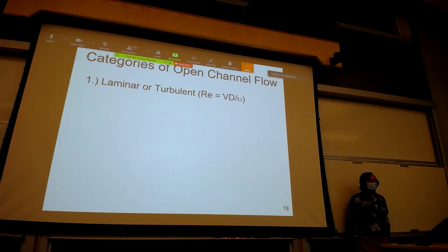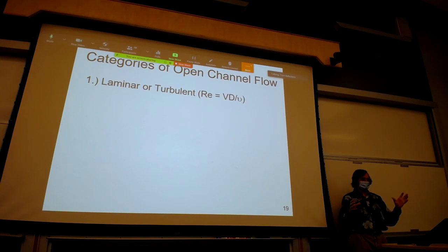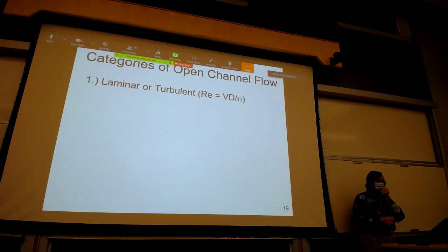For settling of a sphere, the Reynolds number had to be less than 0.01. So the Reynolds number boundary between laminar, transition and turbulent differs depending on the flow scenario. Similarly, for open channel flow, typically you can maintain laminar conditions if you have a Reynolds number less than 500.